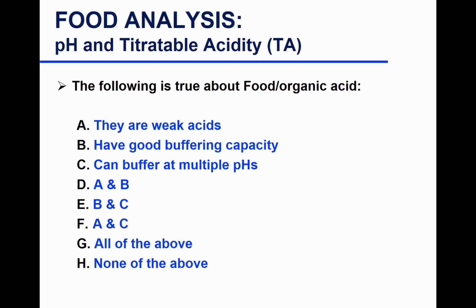That is true. Why do you think? Let's see if any of you remember a little bit of the chemistry of organic acids from your organic chemistry. What would make them buffer at multiple pHs? Have you heard of the term pKa? Yes. We're going to talk about it a lot today. What's pKa?